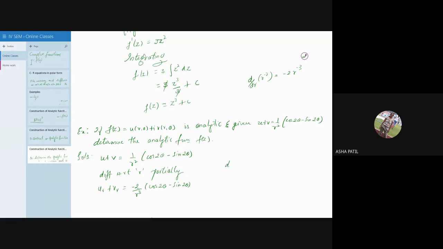Now let us differentiate with respect to theta partially. So we have u theta plus v theta, where 1 by r square is taken constant. The derivative of cos 2 theta minus sin 2 theta: derivative of cos 2 theta is minus 2 sin 2 theta, and derivative of sin 2 theta is 2 cos 2 theta.